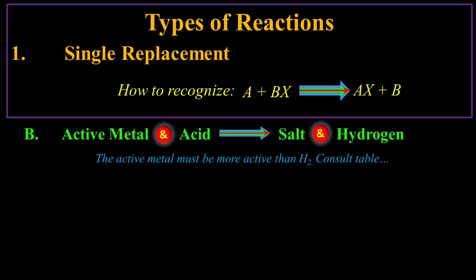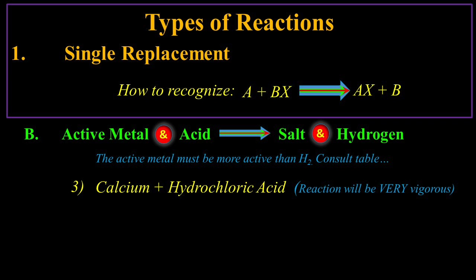What do I mean you're going to form a salt? Basically, a salt is not an oxide. It's made of two ions, a cation and an anion, and they are not hydrogen, hydroxide, or oxide. Generally the case, as you can see.